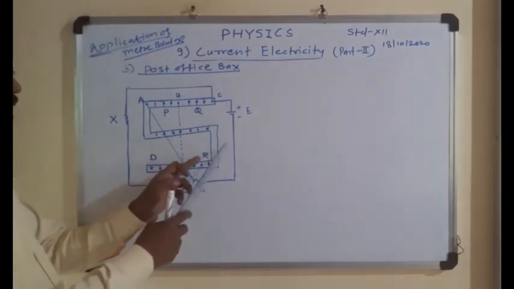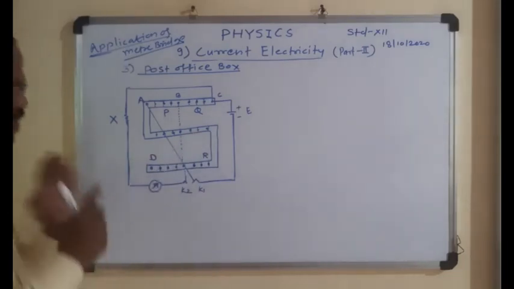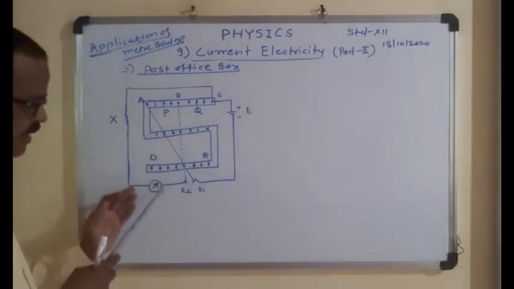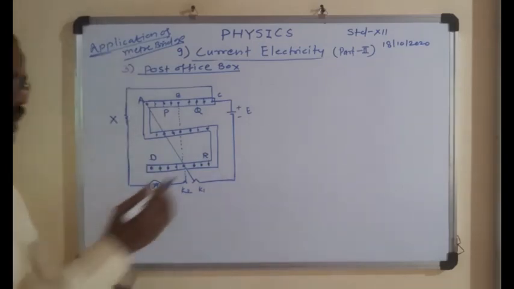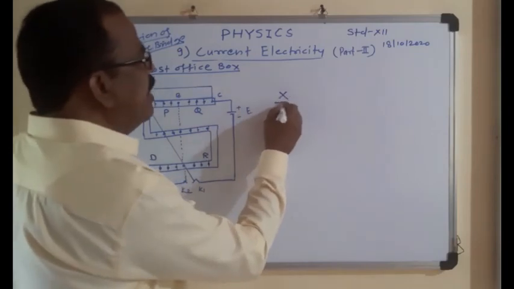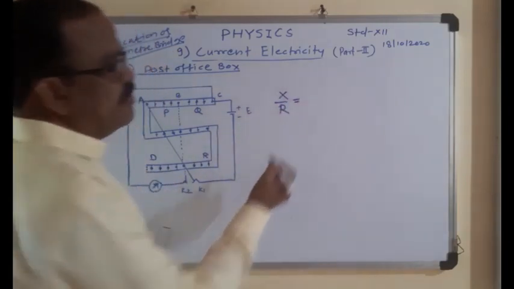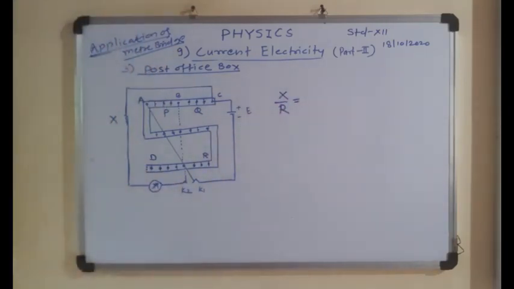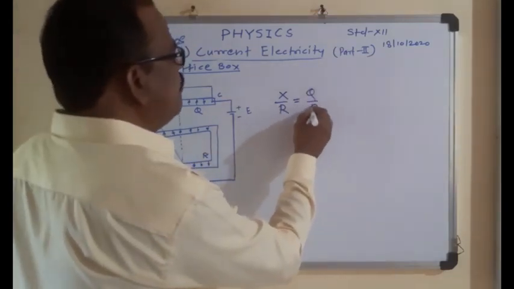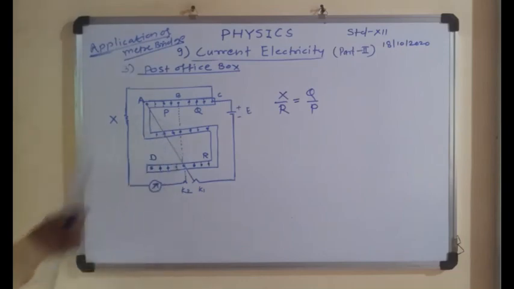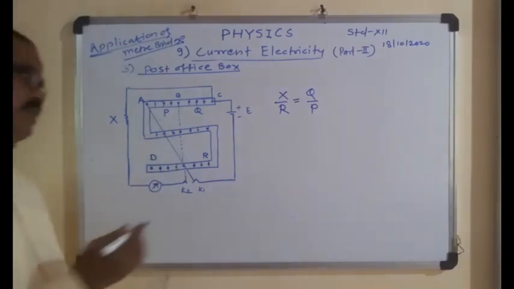At that time the galvanometer shows zero deflection or no deflection. Then the bridge is said to be balanced. Therefore we can write X divided by R is equal to P divided by Q or Q divided by P. This is the Wheatstone network condition.